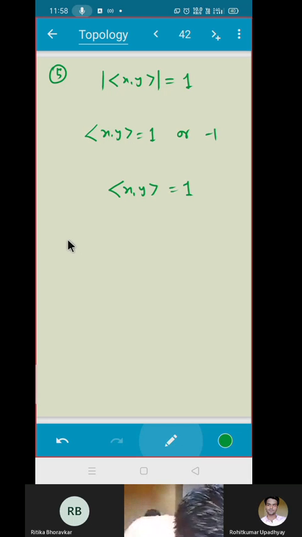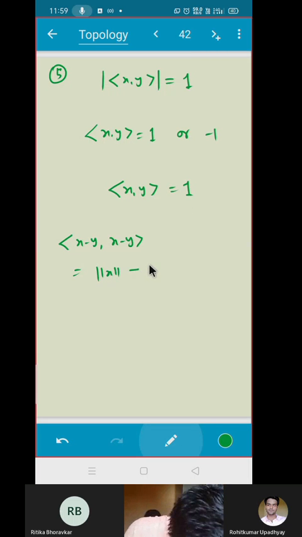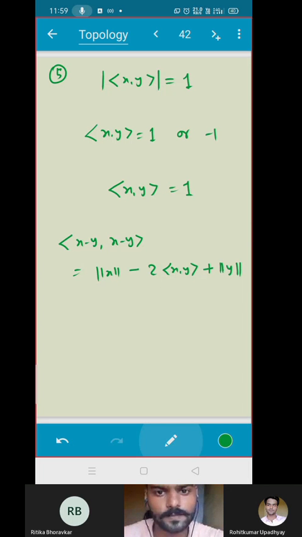From that inequality, can I say something? Actually, in the previous case I took minus, and that's why the problem was. This is norm x squared minus 2 times inner product of x, y, correct? And plus norm y squared. What can you say? What do I know about norm x and norm y?